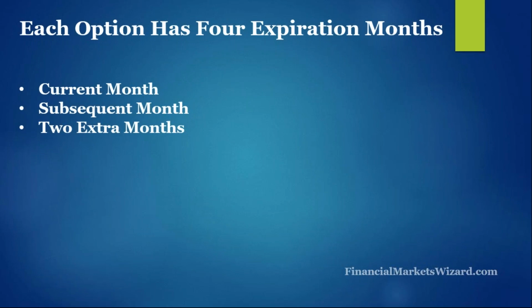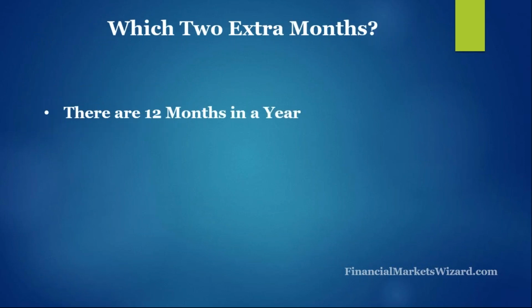If you look at the option chain of any stock, you will see that September will be listed, October will be listed, and then 2 extra months will be listed. Which 2 extra months? That's the question. These 2 extra months depend on the cycle.